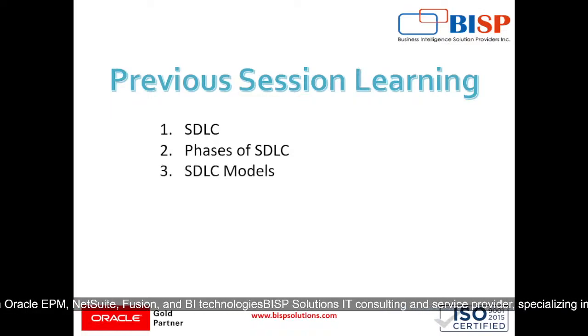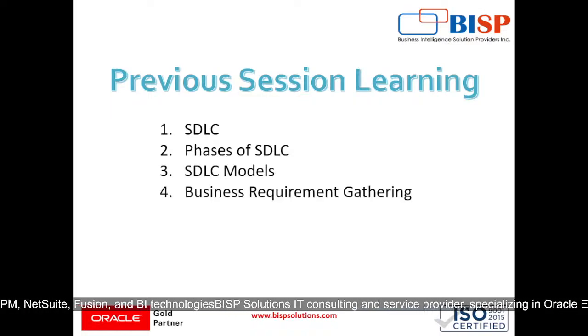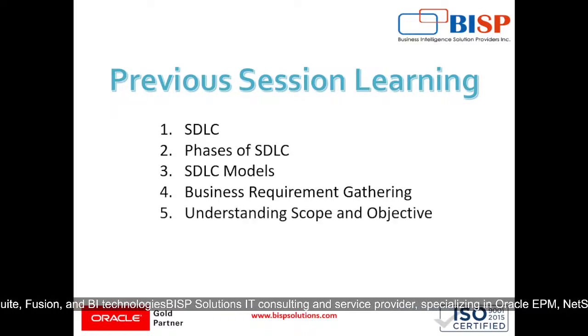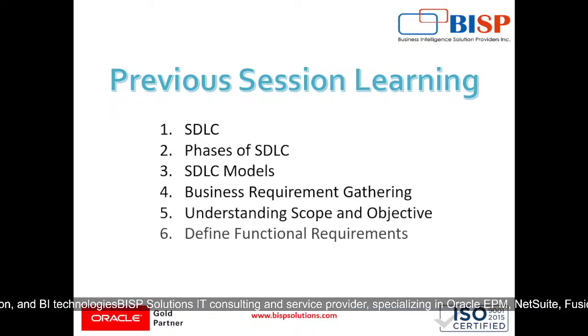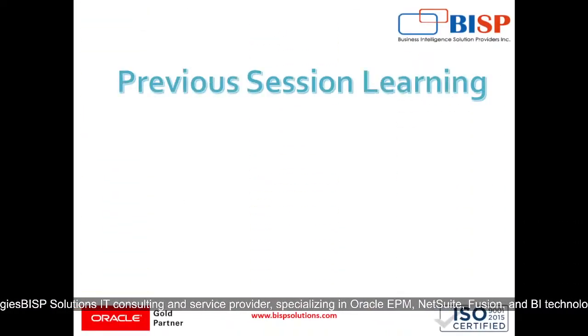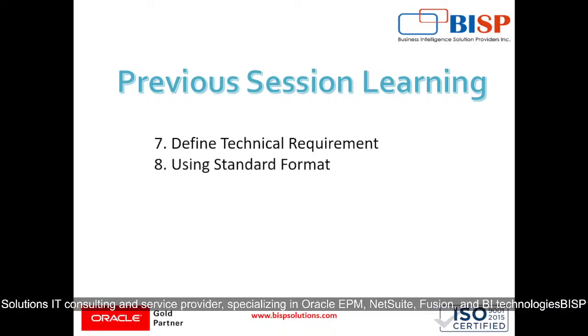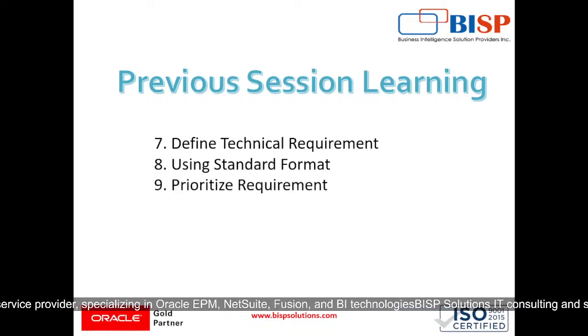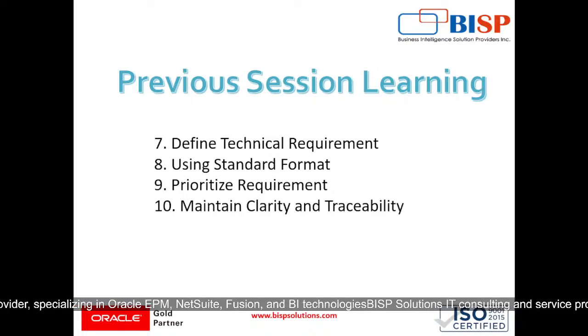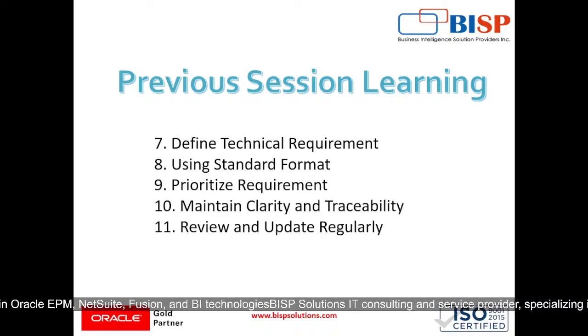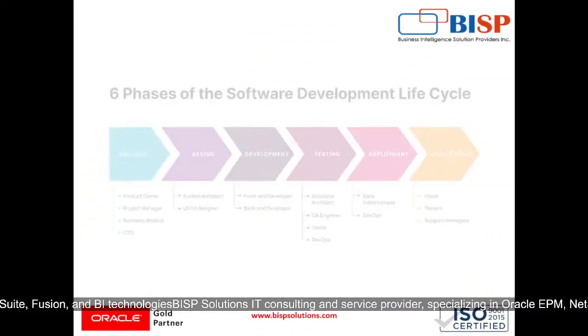Then SDLC models, and the business requirement gathering steps, like understanding scope and objective, defining functional requirements of the business, and defining technical requirements of the company using the standard BRD format, or business requirement document format, and prioritizing requirements, maintaining clarity and traceability, and continuously reviewing and updating the stakeholders.